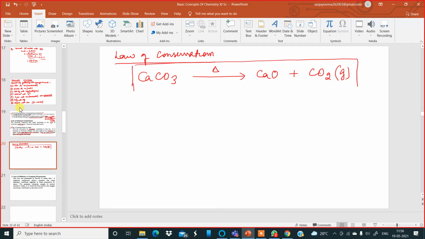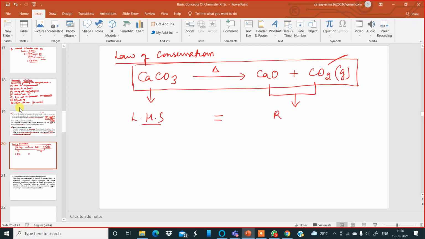In a closed chamber, the carbon dioxide gas formed will not escape. Now, if we work out the total mass of the reactant and the total mass of the product, we will find that they are the same. The total mass on the left hand side and right hand side is always the same. This is called the law of conservation of mass.